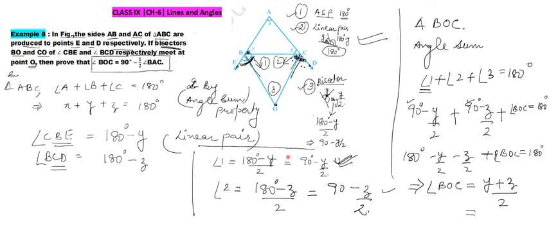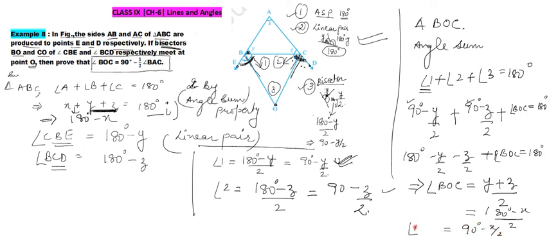Now suppose I mark this equation as 1. In place of y plus z, if I want to know what y plus z is, you can write it as 180 minus x. So in place of y plus z, I am going to write 180 degree minus x, by 2. Now simplify it further. 180 by 2 is 90 minus x by 2.